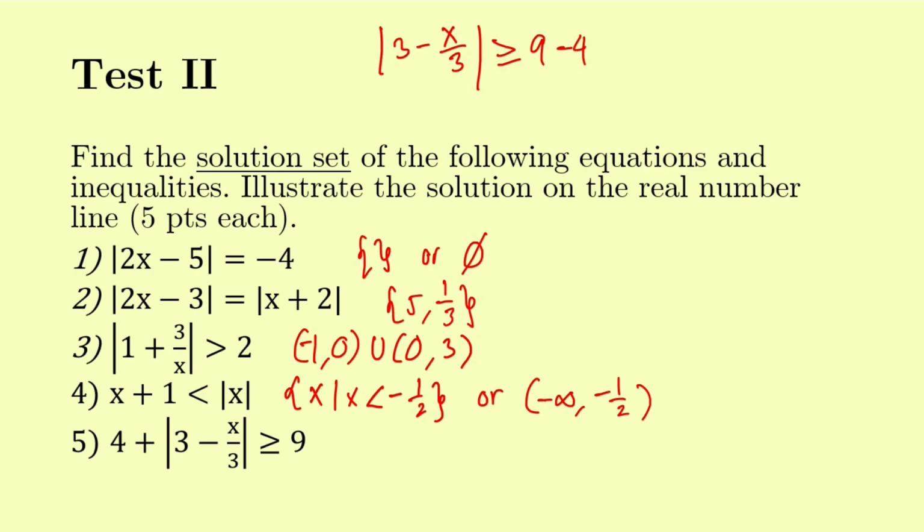And that is the same as absolute value of 3 minus x all over 3 is greater than or equal to 5. Then, again, since greater than ang gamit natin na symbol, nasa labas na naman, no? That means 3 minus x over 3 is greater than or equal to 5.